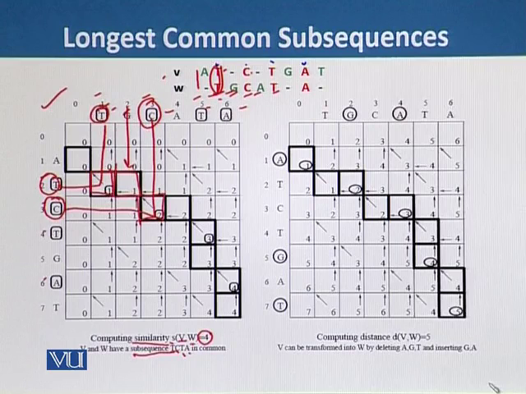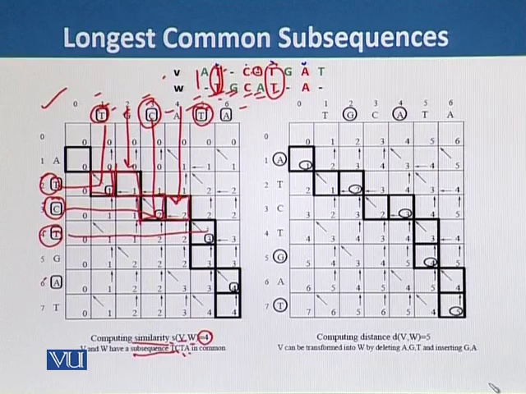Again, the next is A, and there is no alphabet in the V string, so we will move only in the A direction. So again, next is T and T. So we will move further, T and T. Similarly, we will move one by one and we will get the path like this.